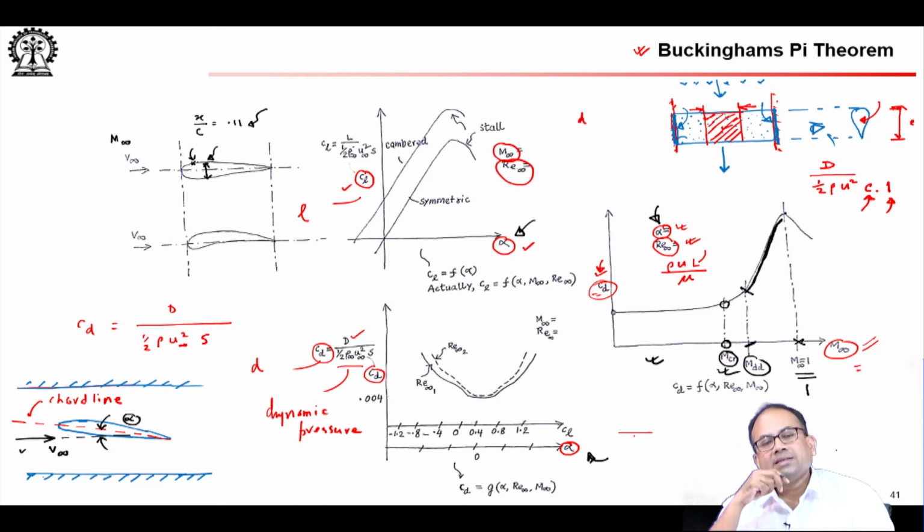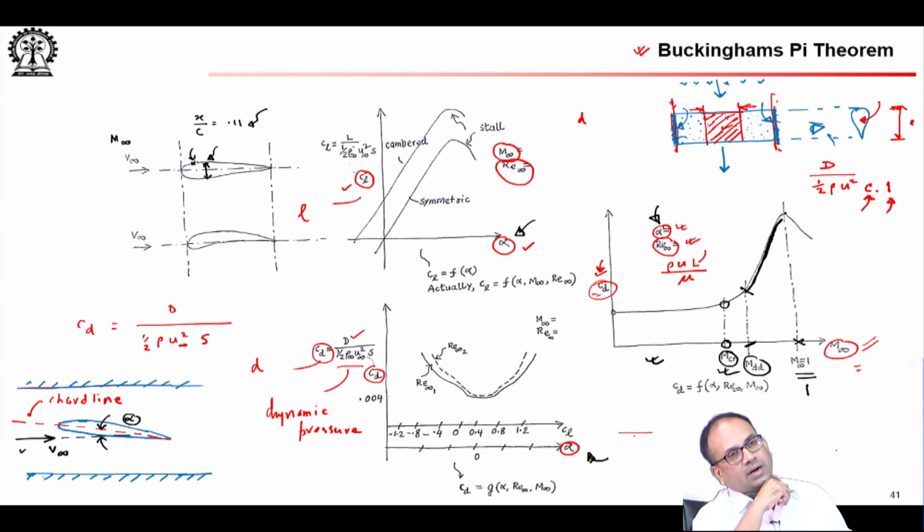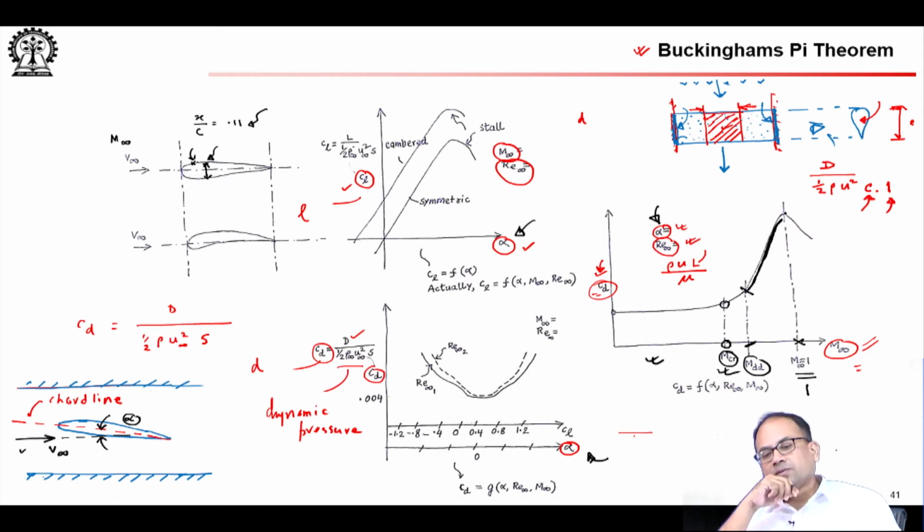In fact, I think I mentioned in one of the early lectures that for a long time, mostly in the 1930s and perhaps in some portions of the 1940s, the aeronautics community actually had this apprehension that man-made air vehicles would never be able to fly above Mach 1, and part of the reason was this plot.